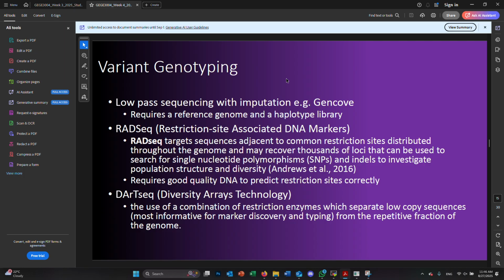And here you see low-pass sequencing with imputation, RAD-seq, so restriction site associated DNA markers, and DArT-seq, which I've seen used in species that don't have very well-built reference genomes, so I think it's used quite a lot in wildlife, reduced representation sequencing. So you'll also find when it comes to sequencing and genotyping arrays, what one industry or one discipline or one species considers big data, another one not so much.